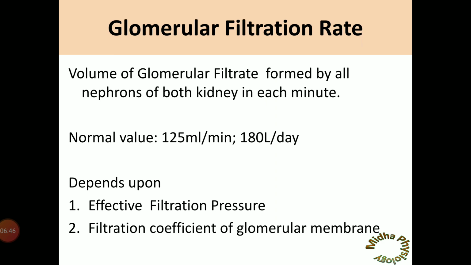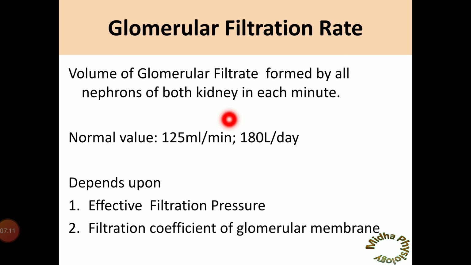Now let us see what this glomerular filtration rate is. Since this is associated with rate, obviously this is the glomerular filtration in account of a certain time limit. So the volume of the glomerular filtrate formed, or the volume of blood filtered by all the nephrons of both kidneys in each minute, or per unit time, we call glomerular filtration rate.